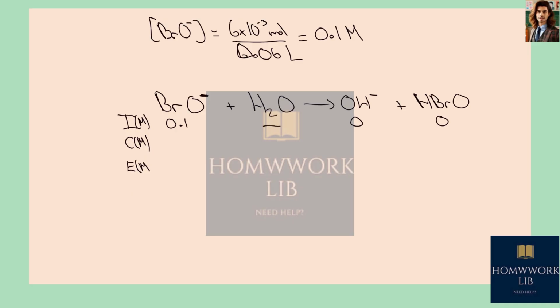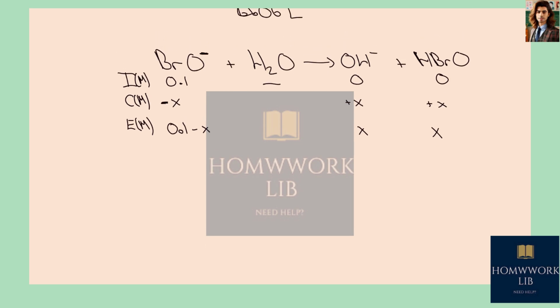Next up, what we're going to have is the amount of change. We're going to call it X. An X portion is going to react with water in order to generate X of both sides. So at equilibrium, we're going to have 0.1 minus X, X, and X. With this, we can use the basicity constant that is defined as concentration of OH minus times the concentration of the weak acid divided by the concentration of the conjugate base.